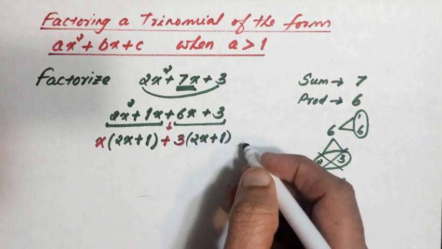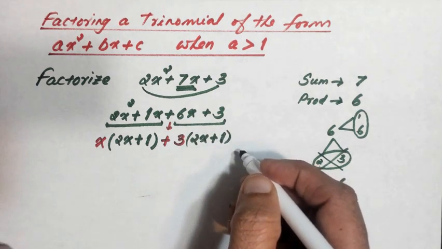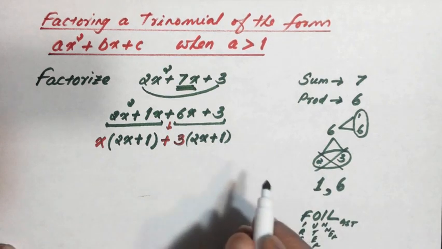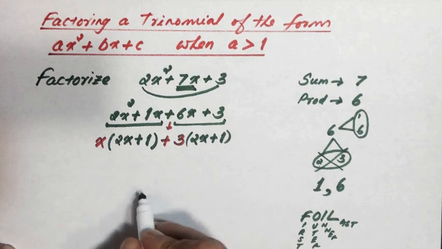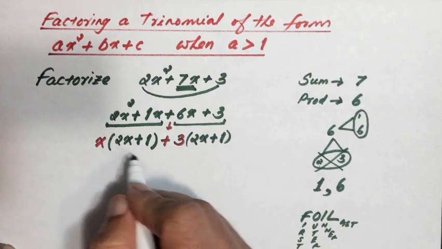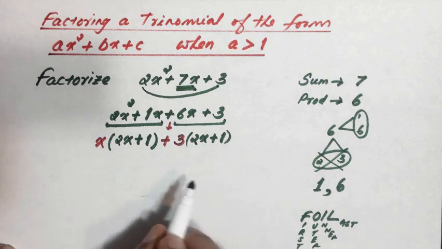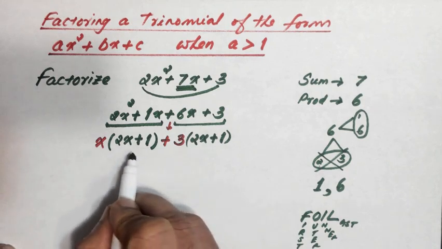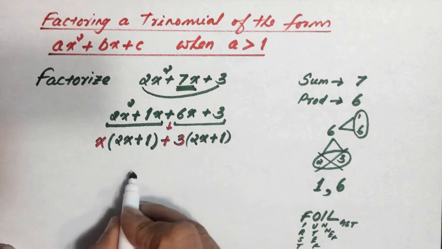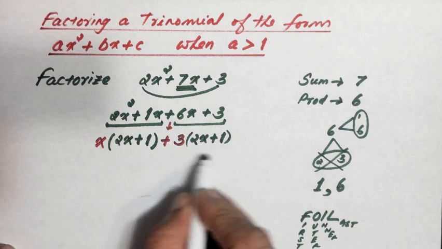This is a very important checkpoint. If you do not get these two parentheses the same, that means something is wrong with your steps. Either you messed up one of the steps, or you won't be able to factorize with integer factors. So that is what you need to look for. These two factors are the same.